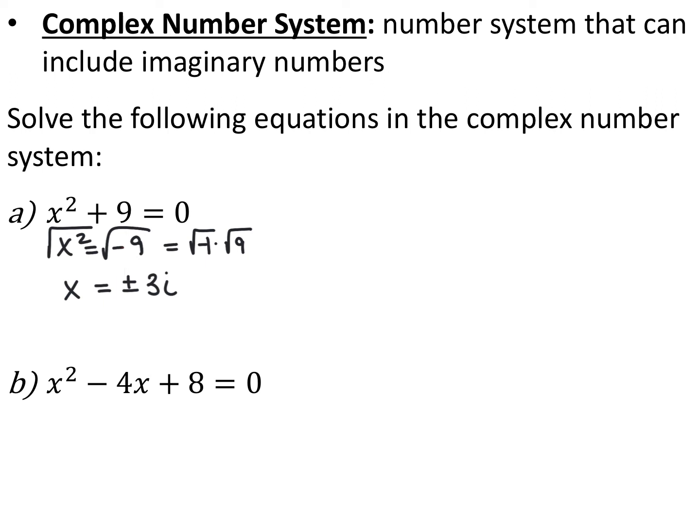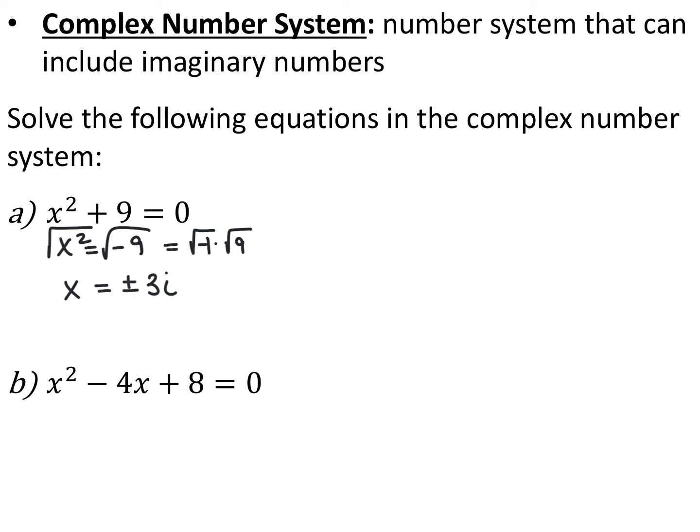You can never take something and square it and get a negative number. But now we're including imaginary numbers or complex numbers. So I took the square root of both sides. The square root of -9 is the same thing as the square root of -1 times the square root of 9. Well, the square root of -1 is i, and the square root of 9 is plus or minus 3. So we end up with x equals plus or minus 3i.